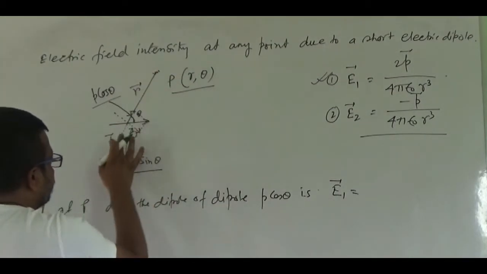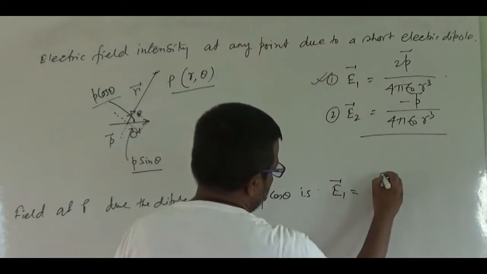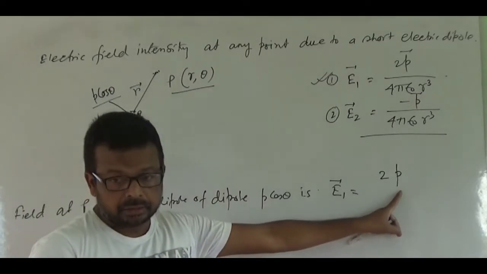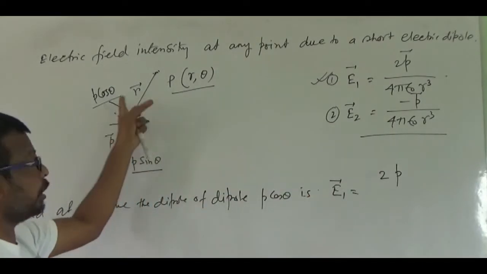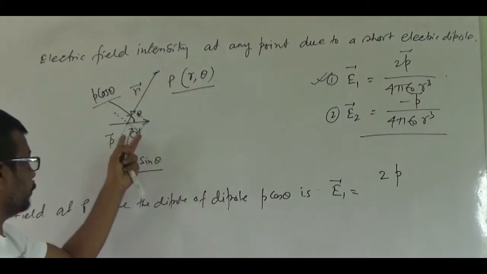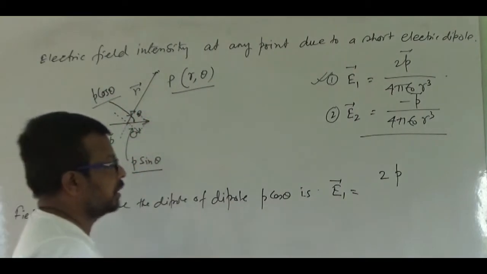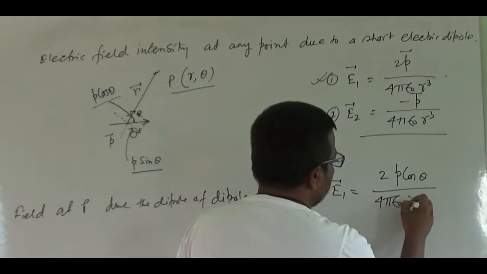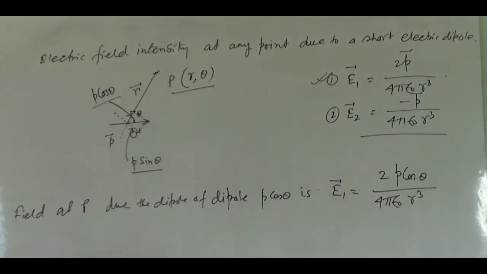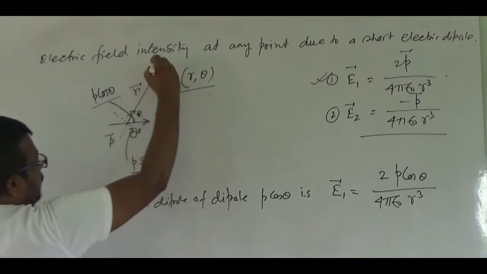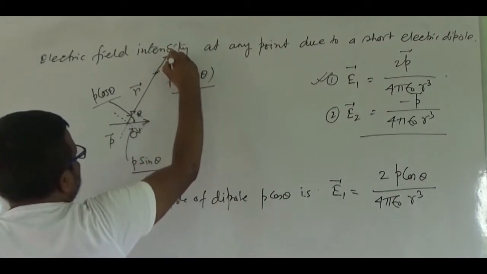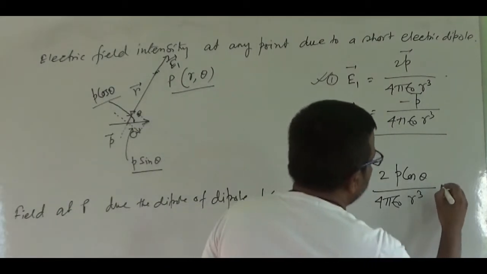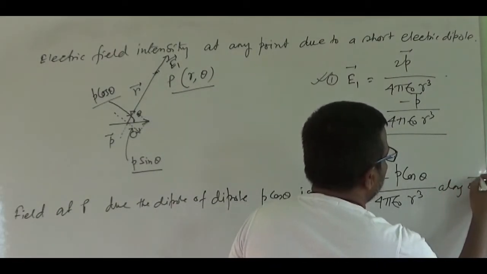Electric field at P due to this dipole is E1 equals 2, is it p? No. This will be p cos theta because the dipole moment of this dipole is p cos theta. Therefore, this will be 2p cos theta divided by 4 pi epsilon naught r cube. And what will be the direction? Direction will be along r hat. That means this will be the E1 vector. This is along the OP vector or r vector, whatever.